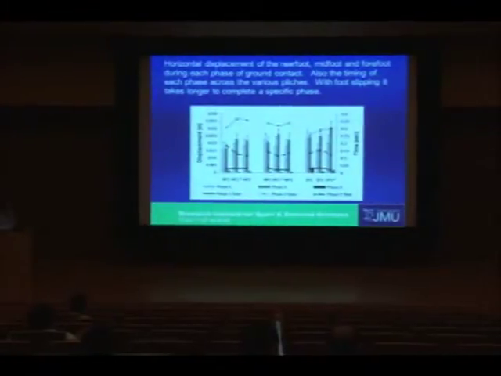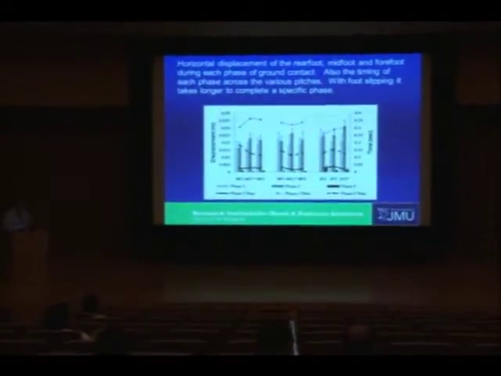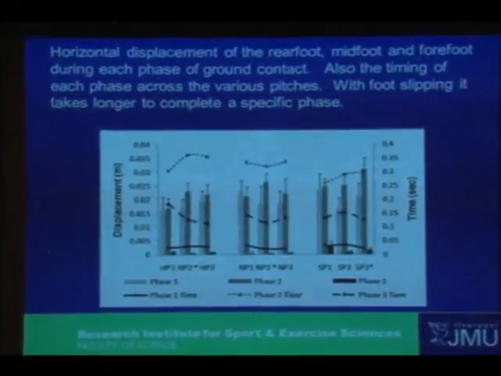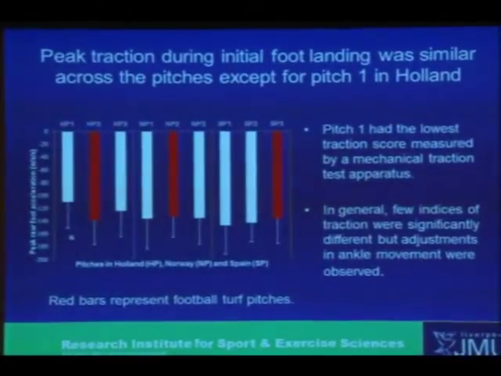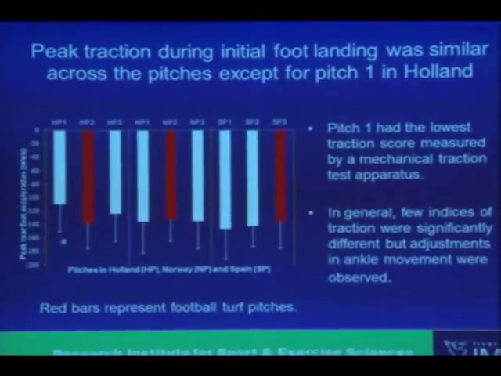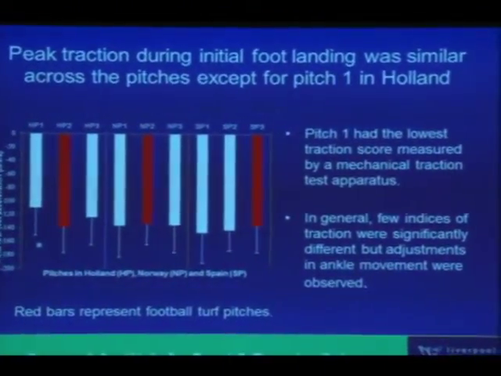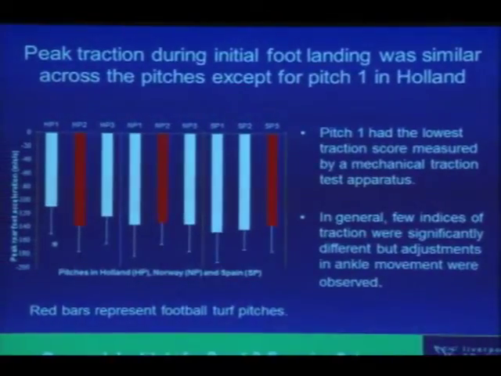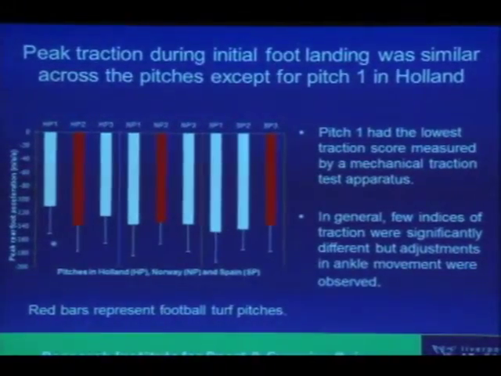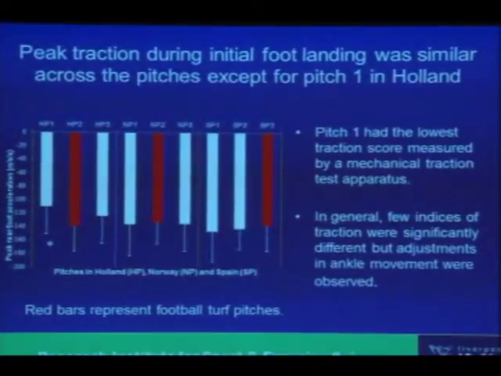In general, though, the natural turfs were very similar and non-significantly different. If we look at the rear foot acceleration in that initial phase, all conditions were non-significantly different except for this first pitch. This was the first pitch in Holland, which was slightly damp.